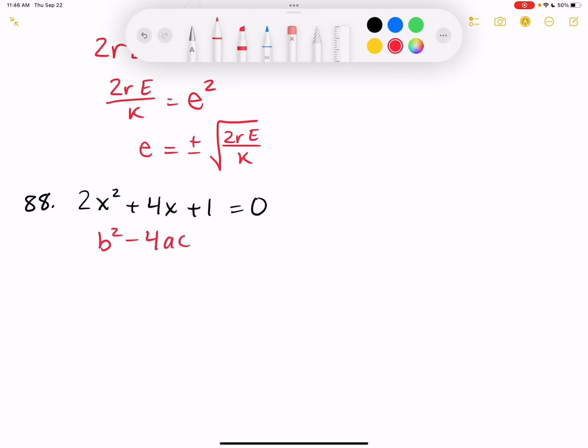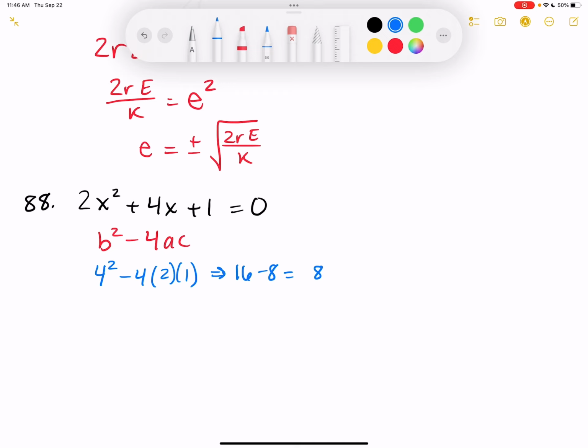So we're just going to plug those numbers in there and see what happens. So b squared, that's 4 squared, minus 4 times a is 2 times c is 1. So that's 16 minus 8, which is 8. So it's positive.